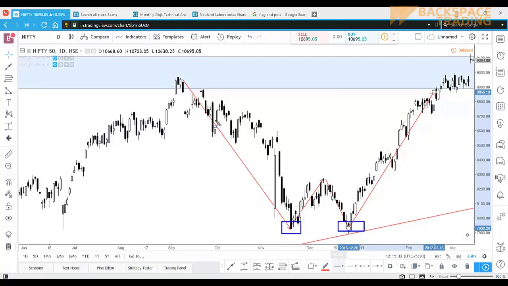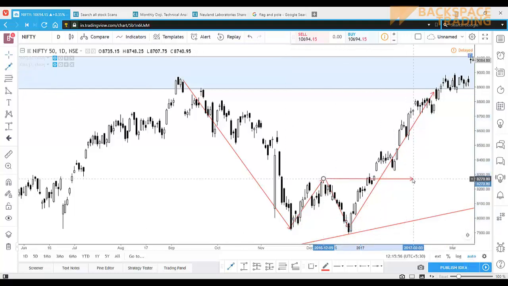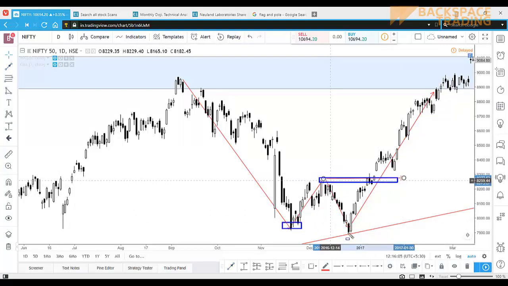So how a double bottom trader trades is, when you see the first leg, this is the first bottom, you wait, and when price comes down, it takes another bottom. When price breaks above this zone over here, you get the confirmation of the double bottom being formed.